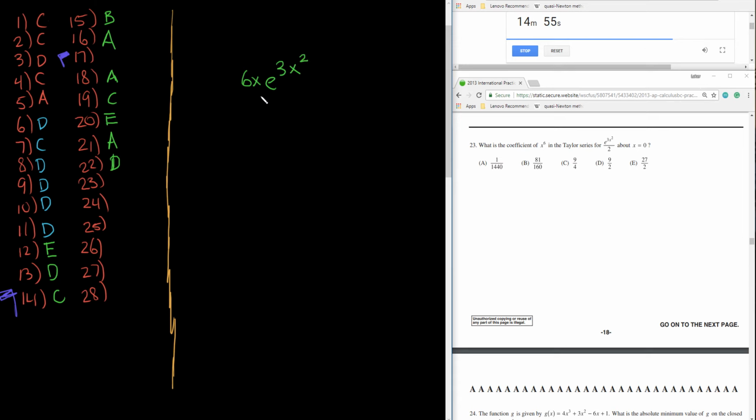Did that correctly, right? Divided by 2. But we don't need to worry about the divide by 2 because that's going to stay the same on all of these. So we can just imagine taking the derivative, and this is about x equals 0 though, so that might get a little crazy.